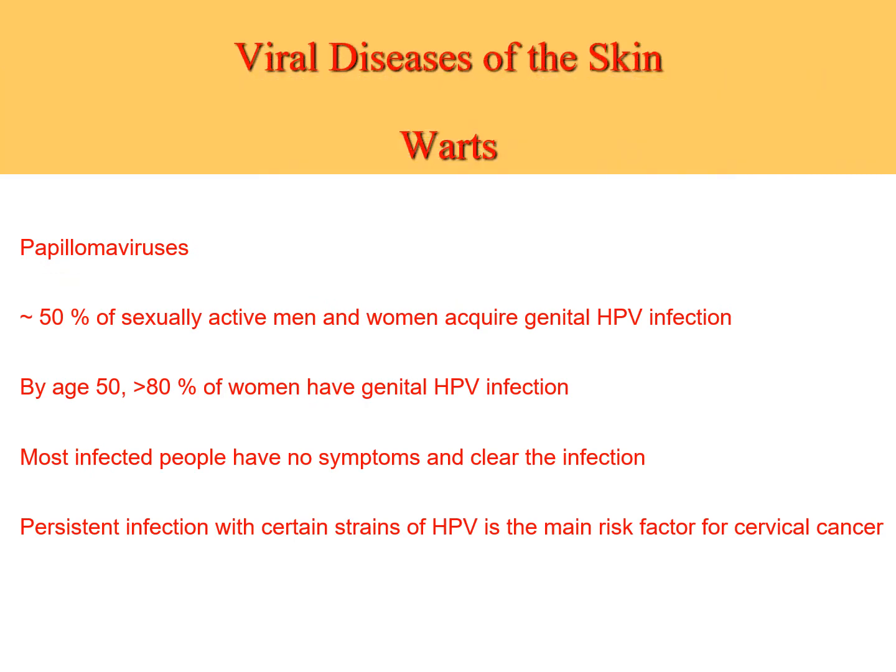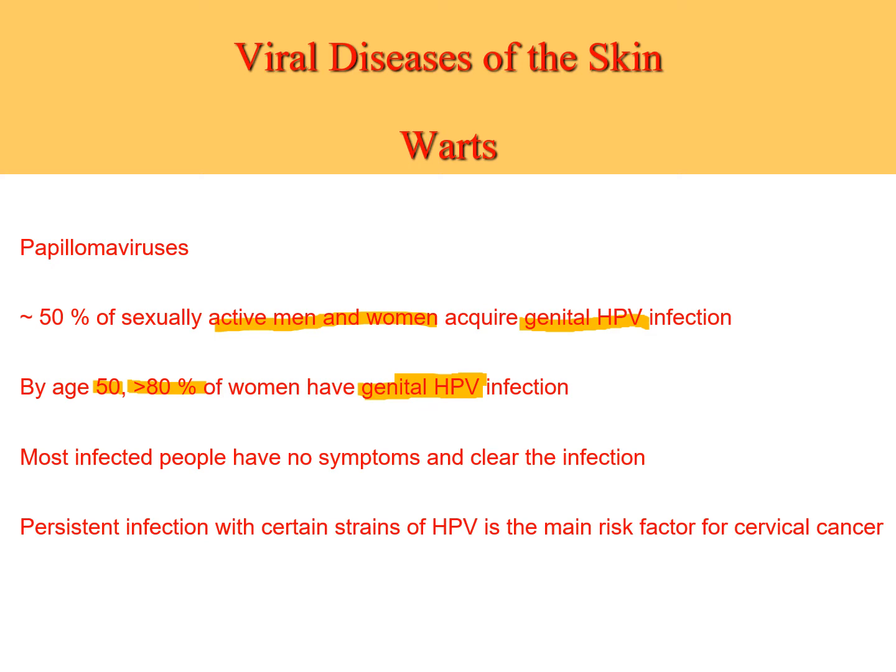Well, this is something that's very difficult to avoid. About 50% of sexually active, and I'm talking about non-vaccinated now, about 50% of sexually active males and females will acquire genital human papillomaviral infections. And by the age of 50, when they test, they find, again, in the non-vaccinated population, more than 80% of females will have a genital human papillomavirus or HPV infection.